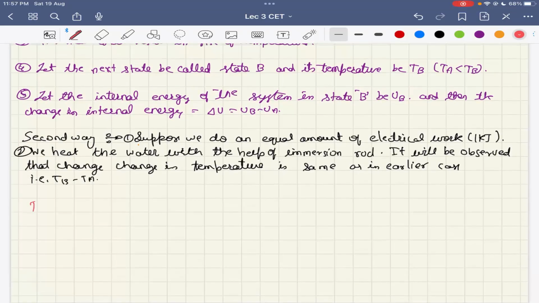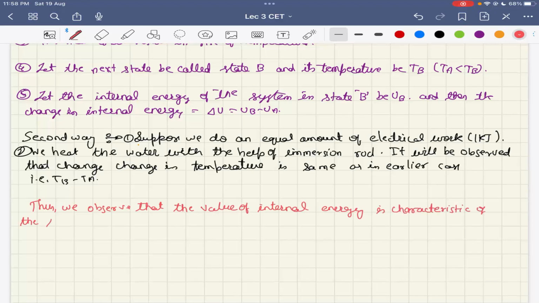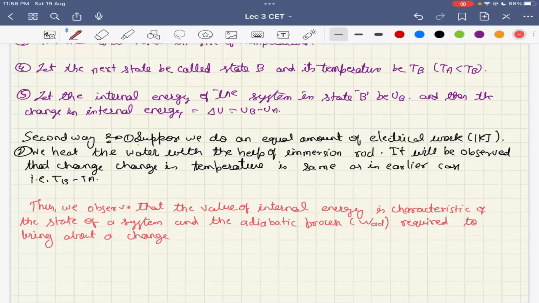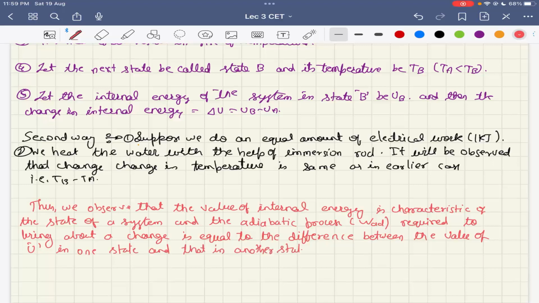Thus we observe that the value of internal energy is characteristic of the state of a system, and the adiabatic process work, which is W_ad, required to bring about a change is equal to the difference between the value of U in one state and that in another state, that is delta U. So delta U is going to be nothing but U final minus U initial.